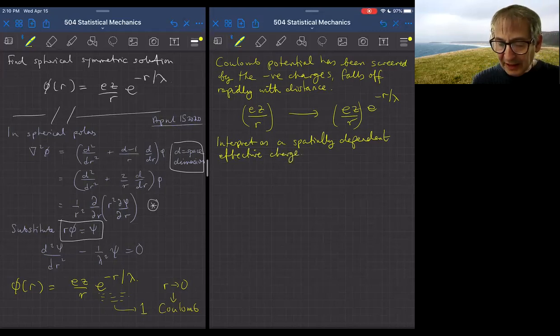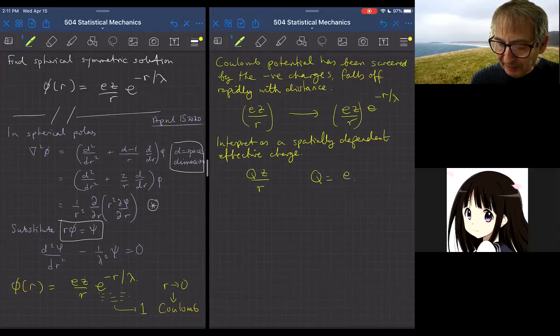Let me write it as Q Z over R, where Q is equal to the charge on the electron times the exponential of minus R over lambda.